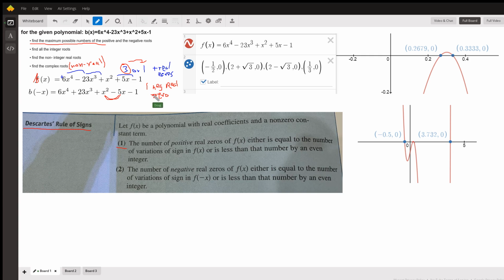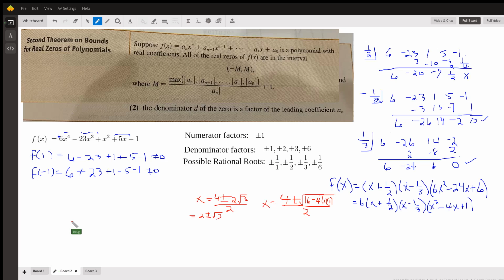So there's possibly one negative real zero. If it turns out it's 1 and 1, that means there will be two complex non-real zeros, that is, of the form a plus bi. Okay, so remember those numbers: 3 or 1 positive real zeros, possibly 1 negative.